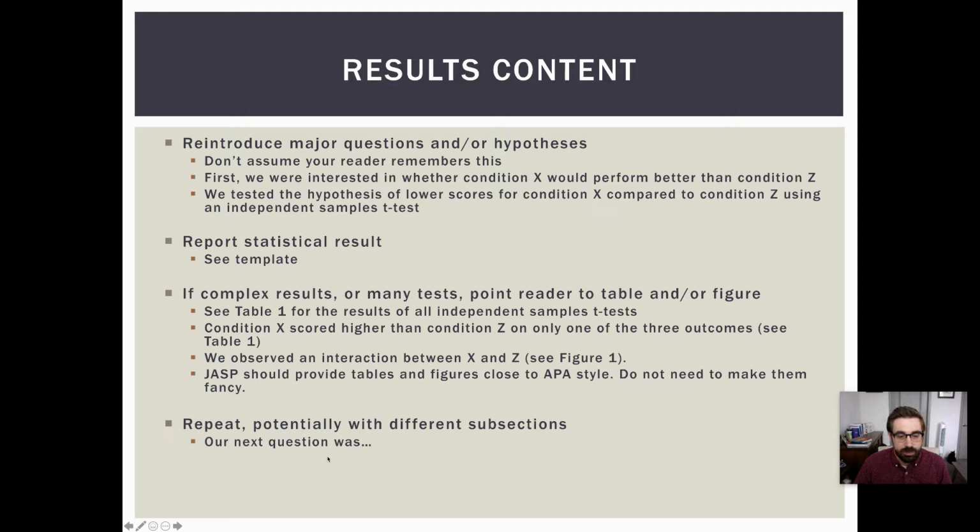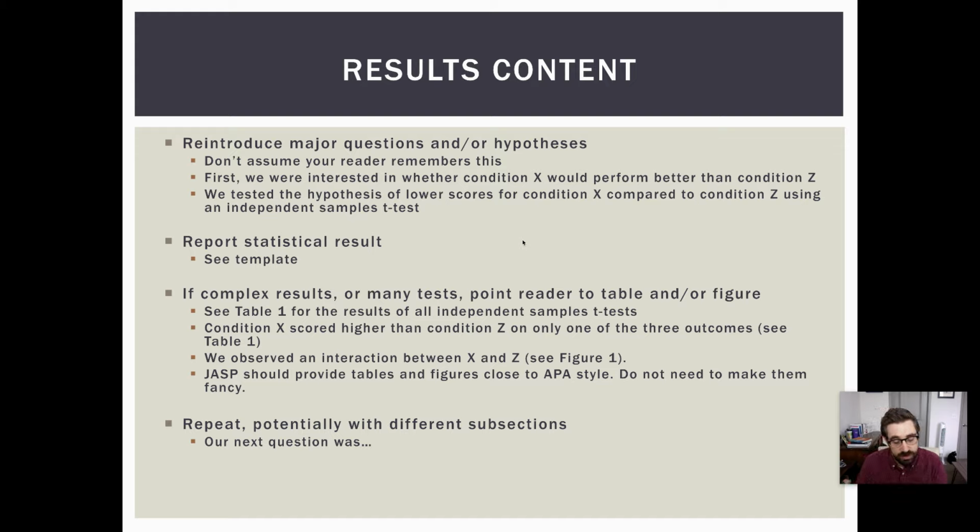And then you're going to repeat this potentially if you have more than one question, right? So you might have, depending on your study and the complexity of your study, right? I might predict that my manipulation is going to influence happiness, and that my manipulation might influence depression scores, right?